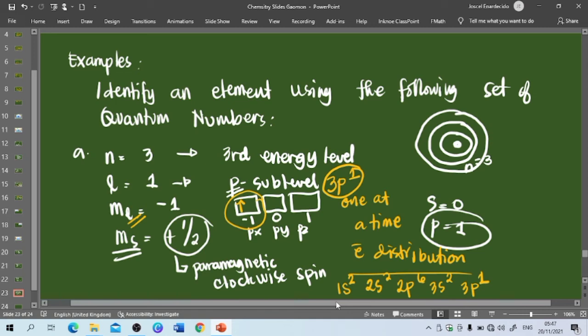So let us count the number of electrons. This is equivalent to 13 electrons. And if we check our periodic table, the element that has 13 electrons is what we call aluminum. So therefore, the element that has this set of quantum numbers is aluminum.